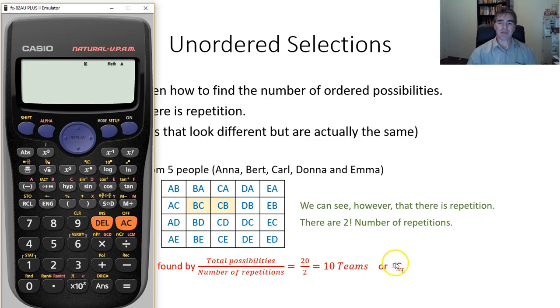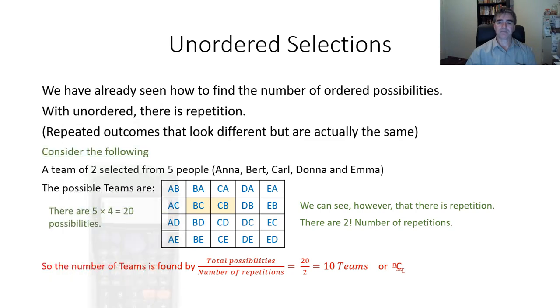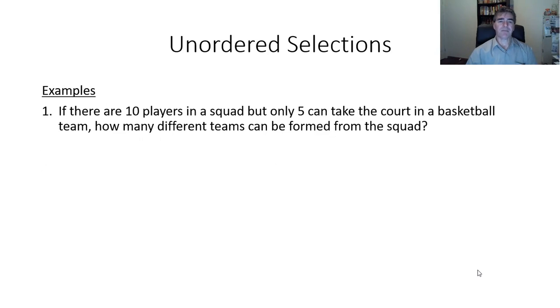We had 5 to choose from, and we're filling 2 positions. So 5, Shift, get our combination and our 2, and we get our 10 different possibilities that we have there. So let me clear that. Okay, so as I said, our 5C2, and we ended up with our 10.